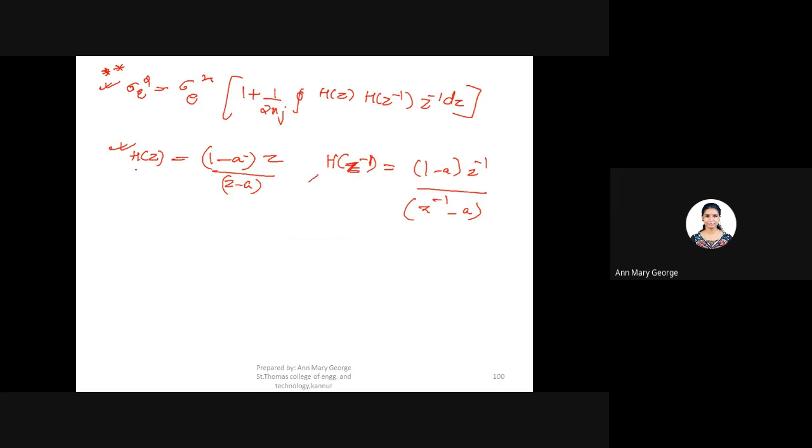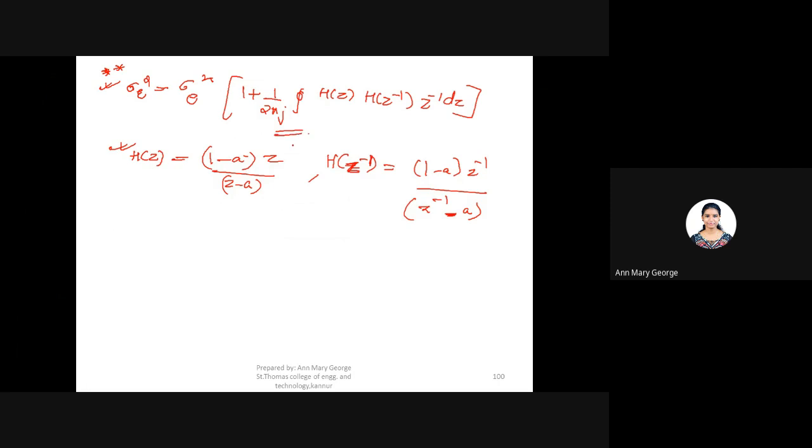So we can get the transfer function h of z as 1 minus a into z by z minus a, and h of z inverse as 1 minus a z inverse by z inverse minus a. And we can just evaluate these terms.